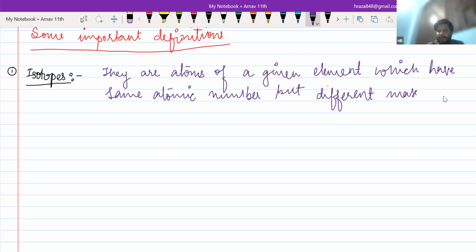So the elements which have same atomic number, different mass number are called isotopes.